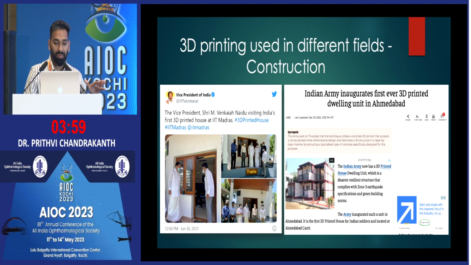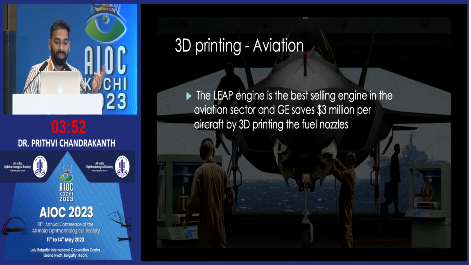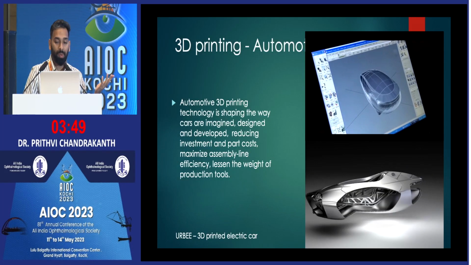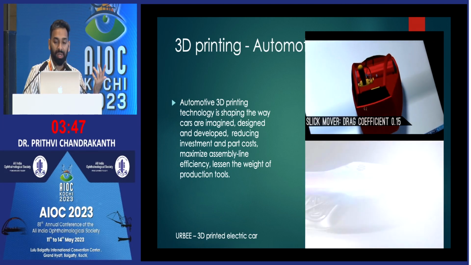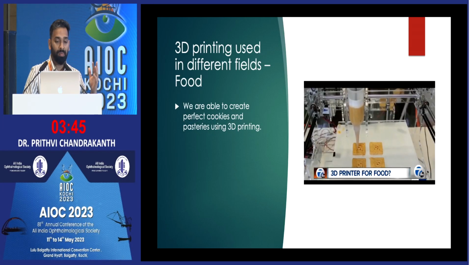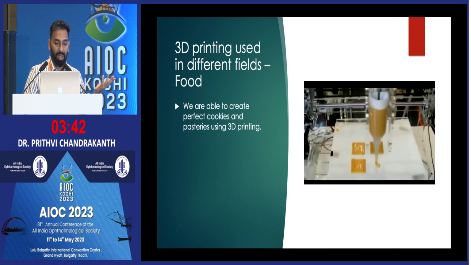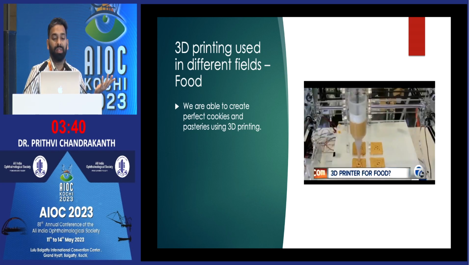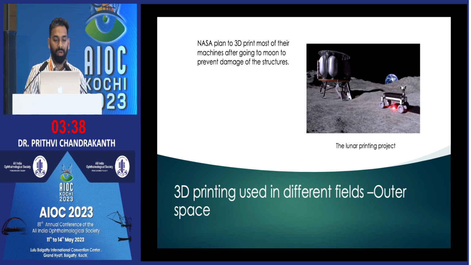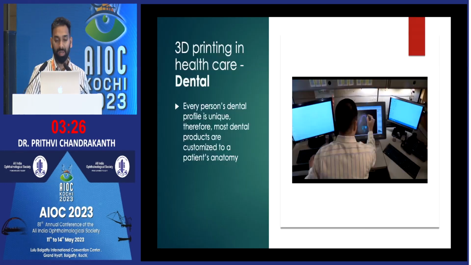And recently, we have seen a 3D printed house being constructed in India. Also, the automobile department has 3D printing done in their engines, and even the food industry has started 3D printing their food. NASA is also planning to take 3D printers along with them on their space missions, so that they can print instruments right there wherever they are.